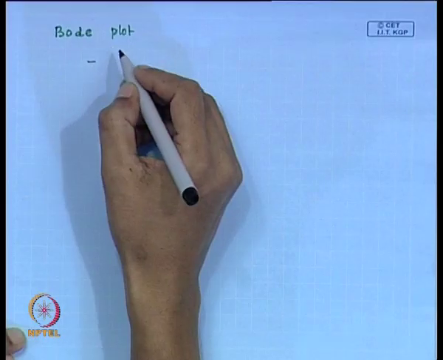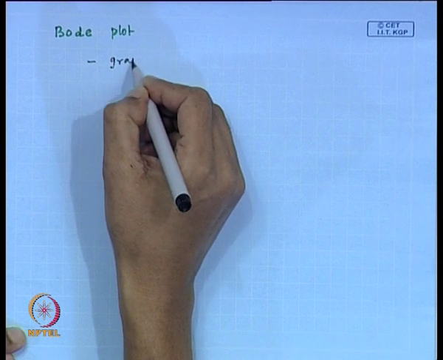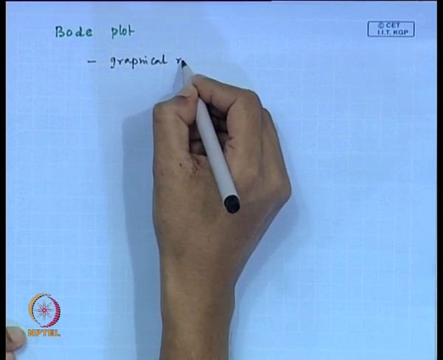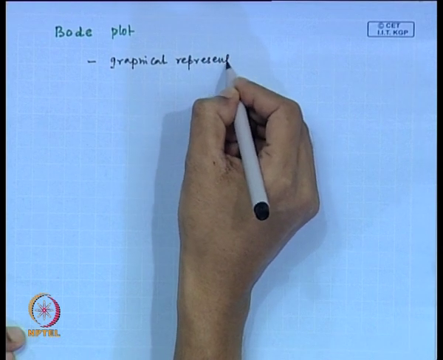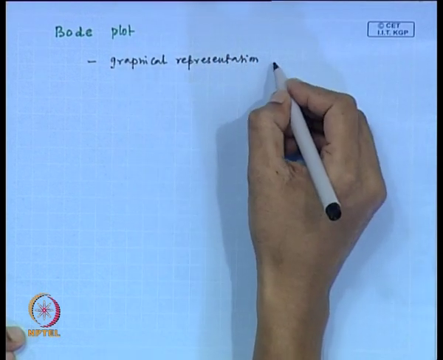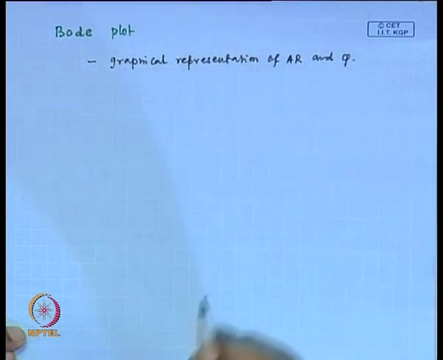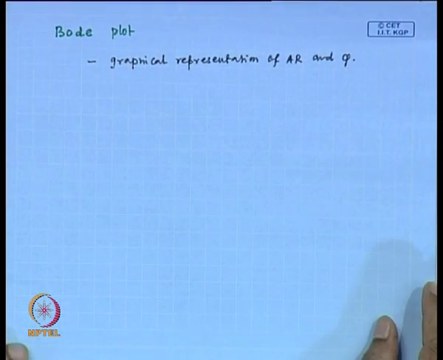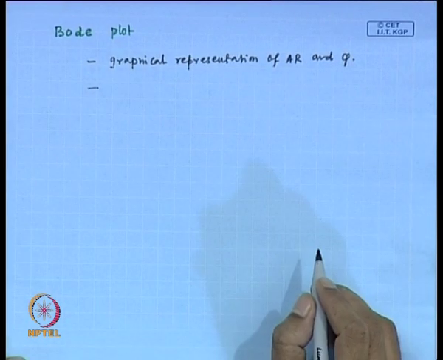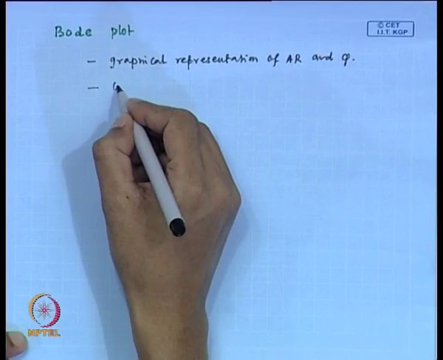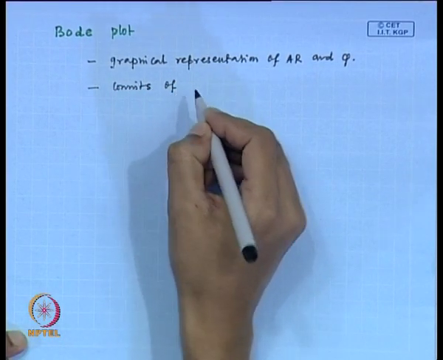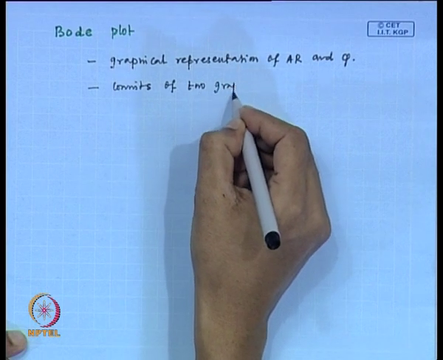Bode plot is a common graphical representation of amplitude ratio and phase angle, and this Bode plot consists of two graphs.